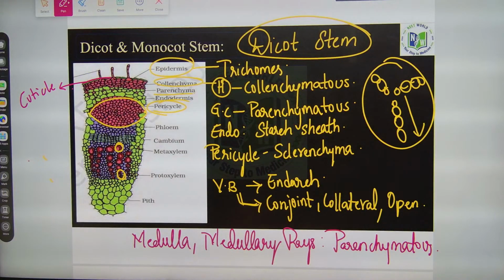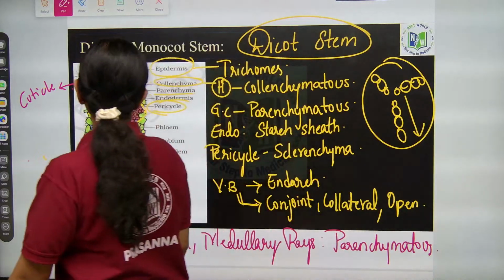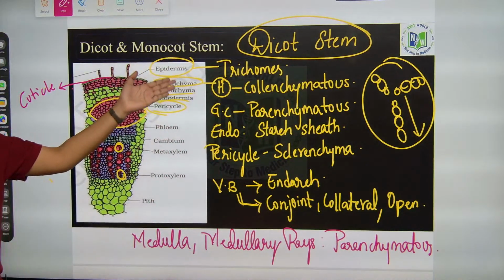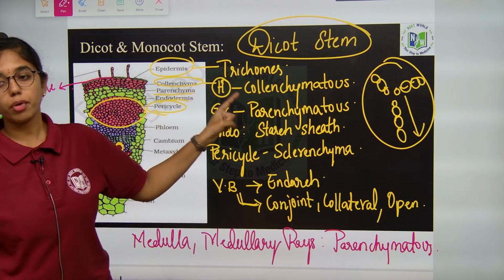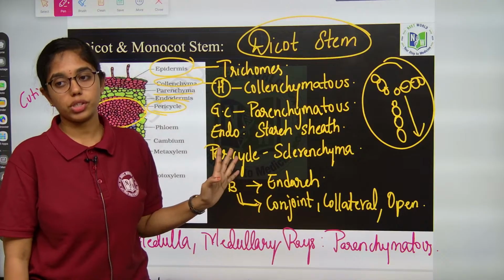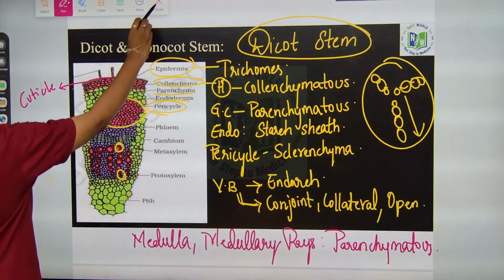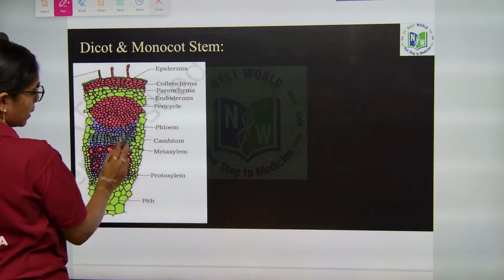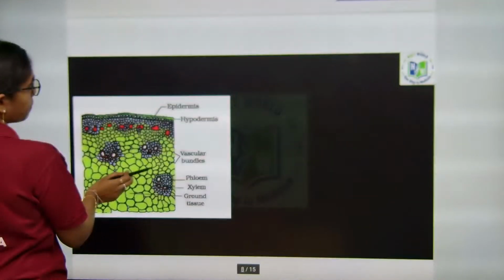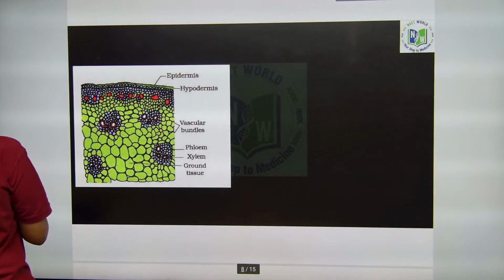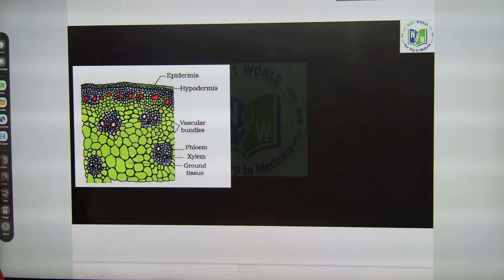Done. And next we will look into the monocot stem. See, highly complex tissue arrangement you will see only in dicot stem. You have to remember the type of tissue which is present in each and every region. Next is what? Monocot stem. It is very simple, just see. Here is the monocot stem. Just look into the dicot stem.